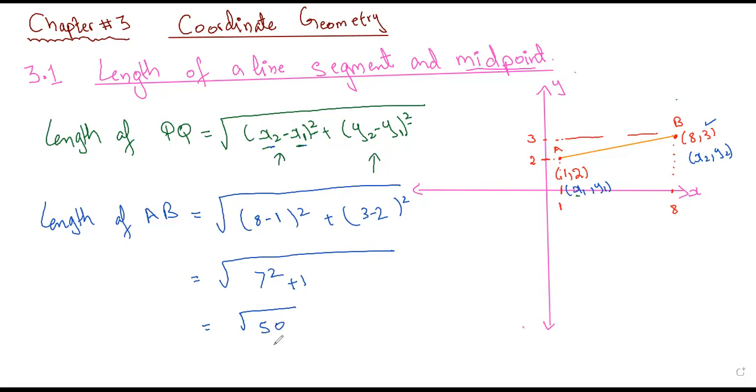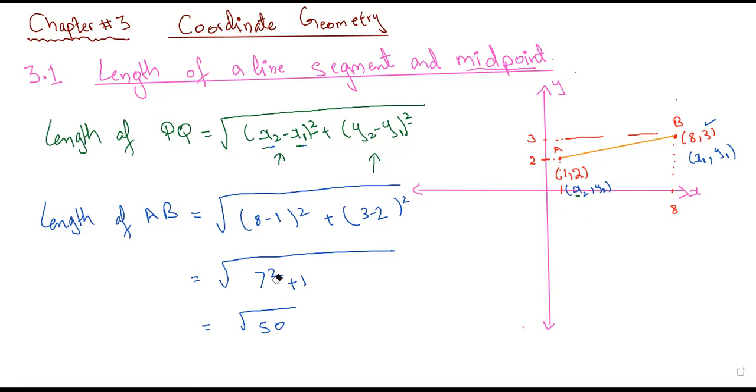Okay, now I got 50 when I used this as first point and this as second point. Let's switch these and let's see if we are still getting 50 or not. This time I will call this as x1, this as y1, this as x2 and this as y2. And again I will try finding out the length of AB.